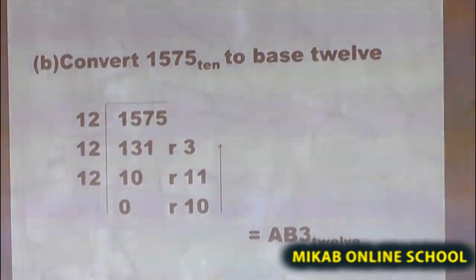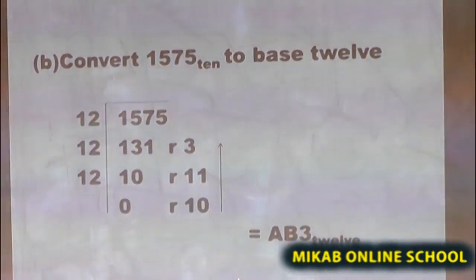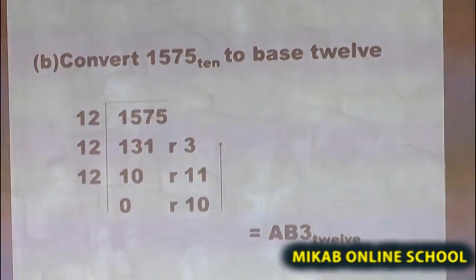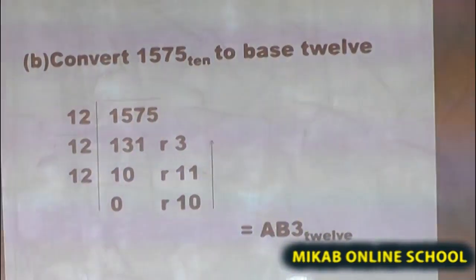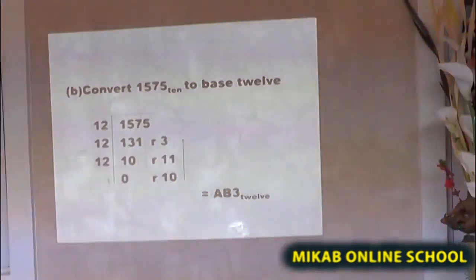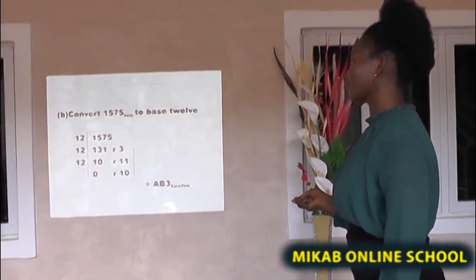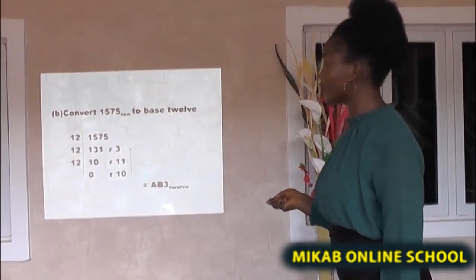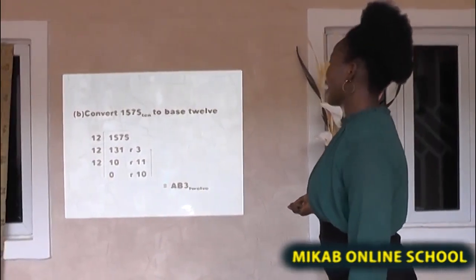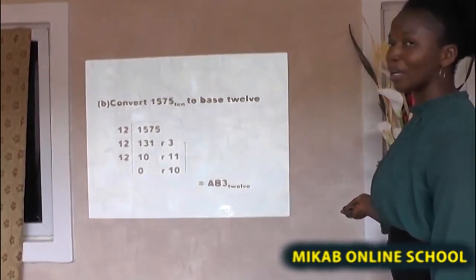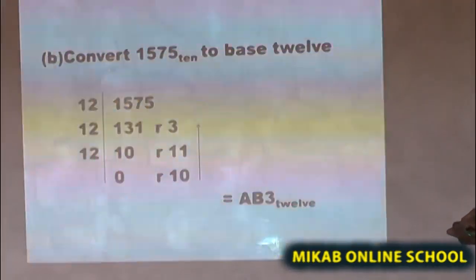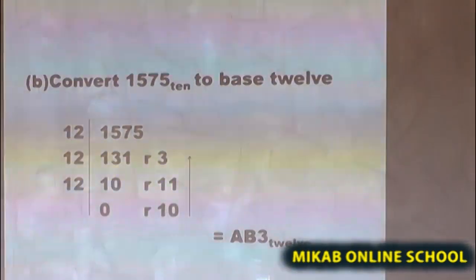So that's why we had alphabets there to help us out. So we have A, which is our 10, B, which is our 11, and 3. 3 can stand on its own since it's not a two-digit number. So we have AB3 base 12. This is where we'll be stopping for now.